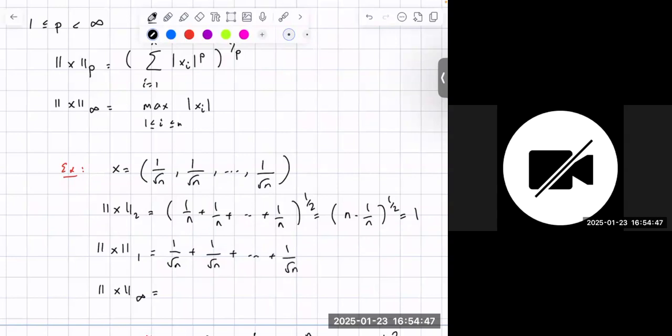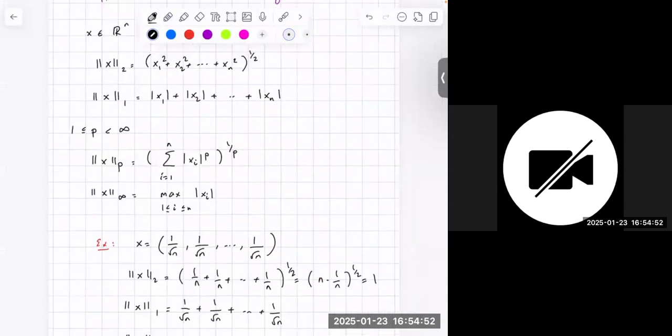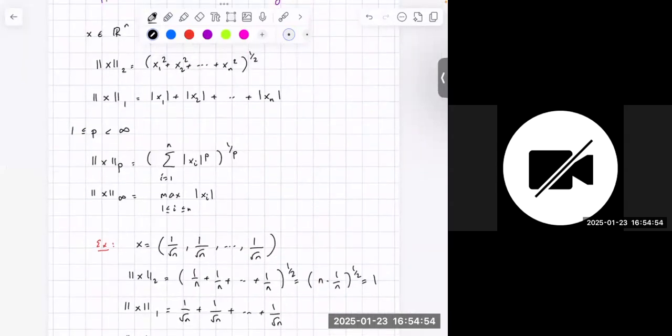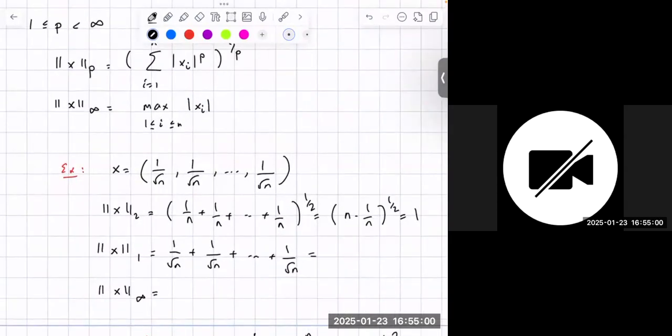So let me go back to the definition. You see the definition of the L1 norm right there. I'm adding every coordinate. And I have every coordinate 1 over root n, and I have n of them. So I got 1 over root n times n, the square root of n. And the max, well, since they're all the same, max is easy, it's just this guy.